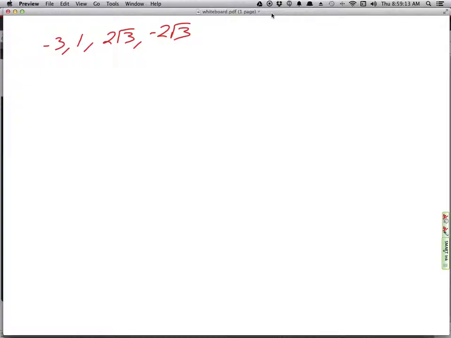Alright, so I have 4 zeros, -3, 1, 2 square root of 3, and -2 square root of 3. What types of numbers are 2 square root of 3 and -2 square root of 3?